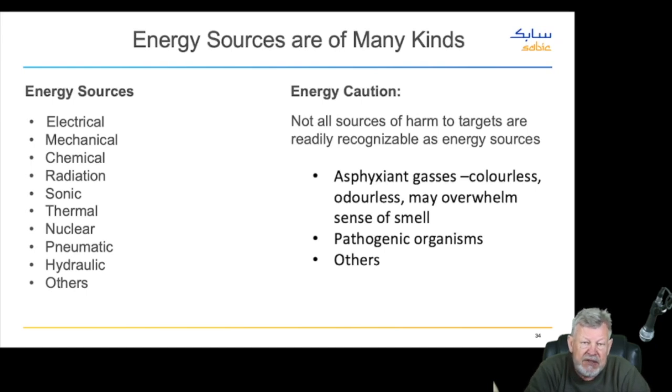We talk about sonic noises, low frequency, high frequency, thermal heat, once again infrared heat, hot surfaces, nuclear, which ties up with nuclear radiation at the top, pneumatic forces, hydraulic, and there might be others as well that we haven't covered.